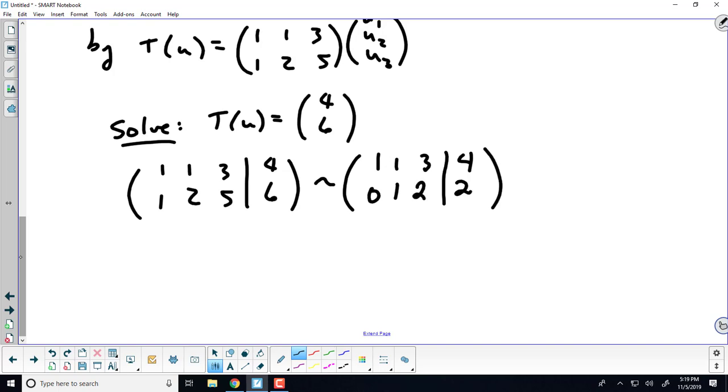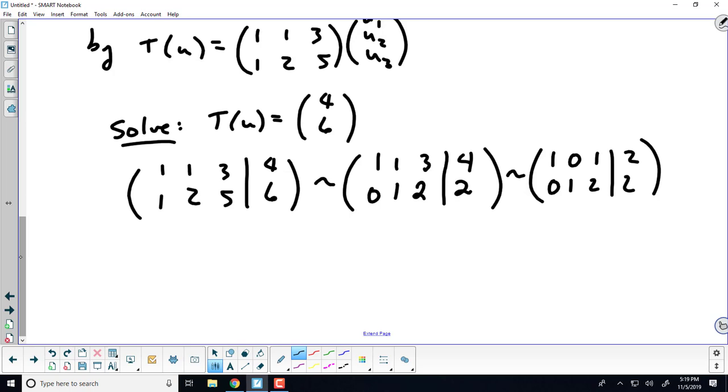Let's see, -1, add down. Yeah, okay. Continuing to row reduce, or continuing to put it into RREF form, we get 0, 1, 2, 2, and then multiply this by -1, add up, we get 1, 0, 1, 2, correct? I think? Yep.